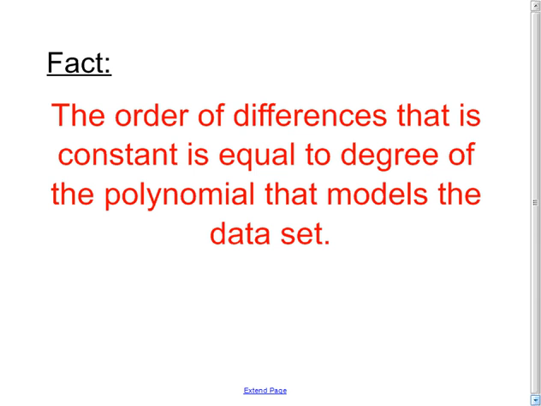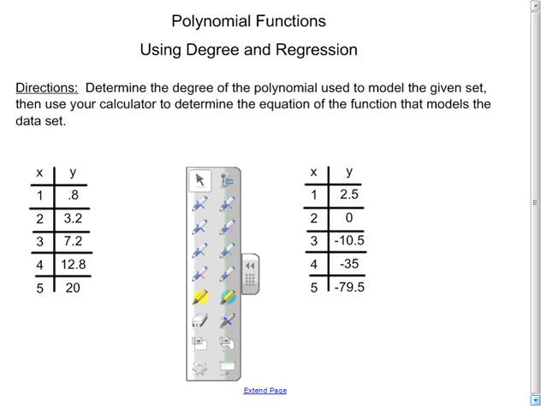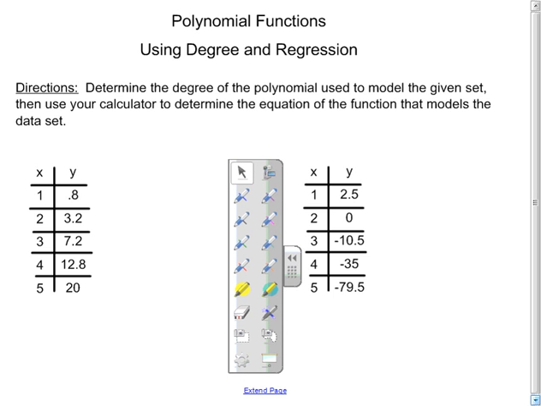Similarly, if the second order differences are constant, then the polynomial that models that data set will be of degree 2, which means it'll be quadratic, and so forth and so on, up to where if the degree is 3, because the third order differences are constant, then it will be a cubic that models the data set. So we're going to use that information on these data sets here to do a little analysis and then go to our calculator and find an equation that fits the data.